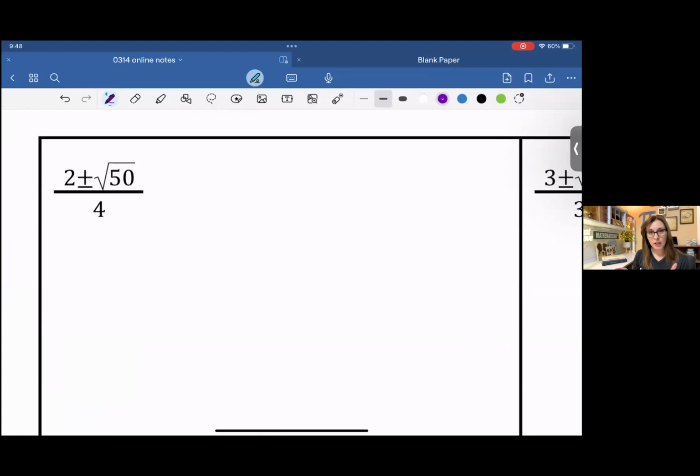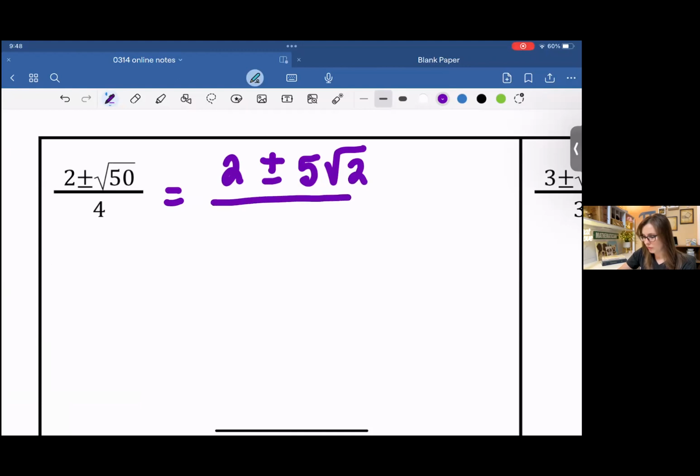Then square root 50, 50 is not prime, so it's not completely simplified. Now we already simplified square root 50 in a previous example, so that's going to save me some time, and I'm going to skip right to that. 2 plus or minus, that was 25 times 2, so that was 5 square root 2 over 4. And that's one way you can write it.